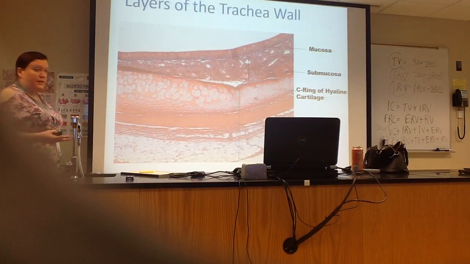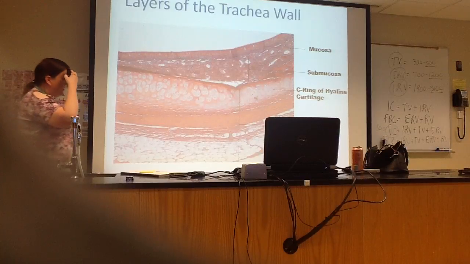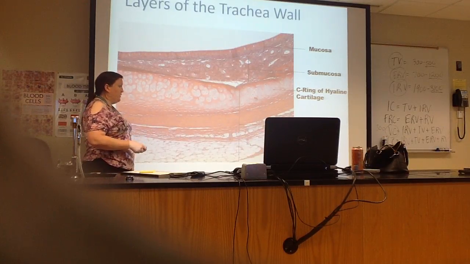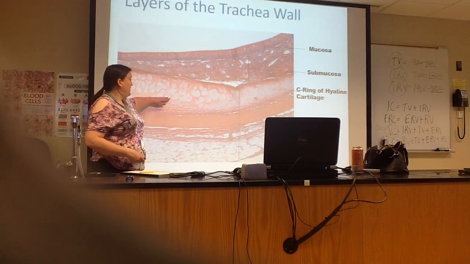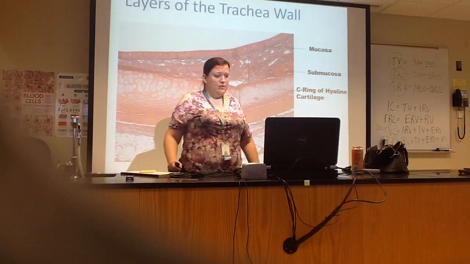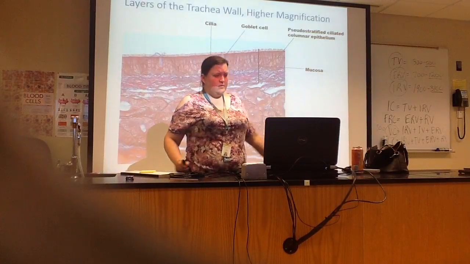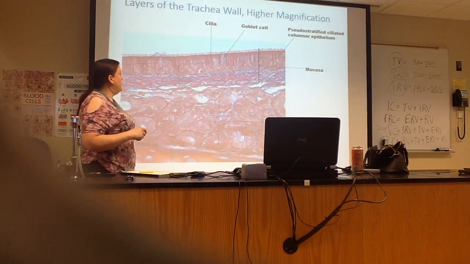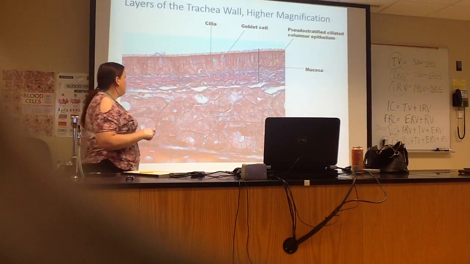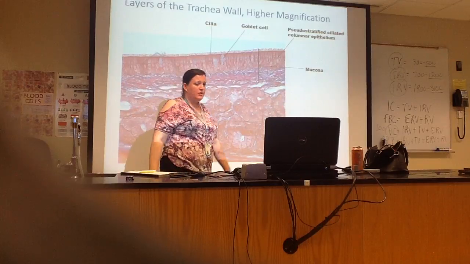It's your C ring, right, of hyaline cartilage. And then really, technically on the test, I would point to this if I wanted adventitia. If I point to this and say, which structure is this? I'm looking for C ring. Also, make sure you can identify the cilia, and then these clear cells that make mucus, which are called goblet cells.